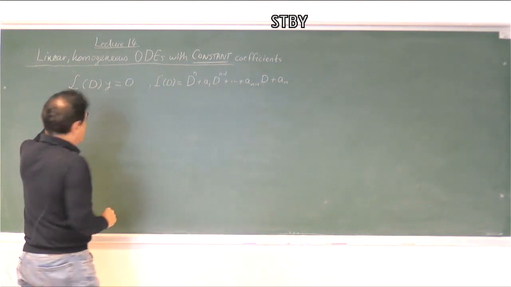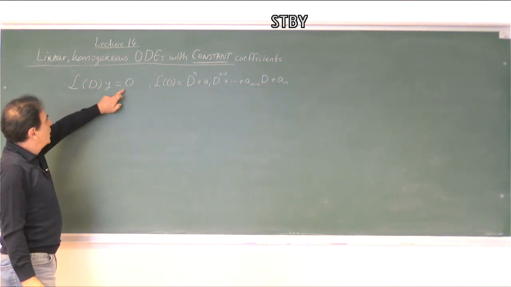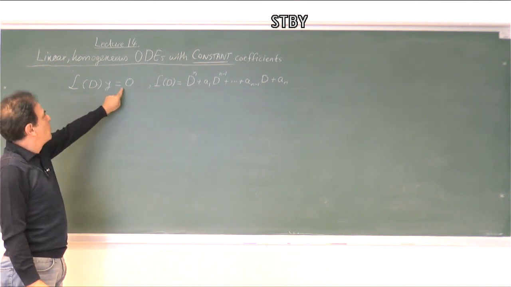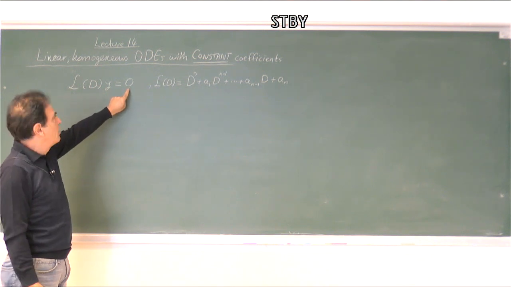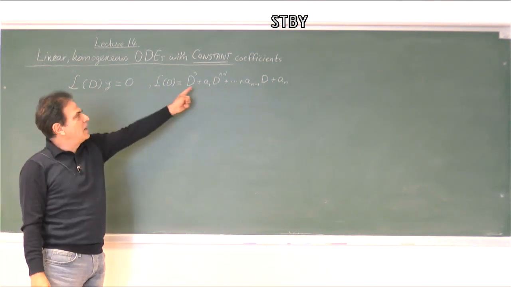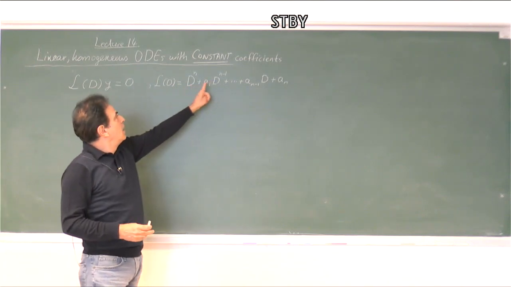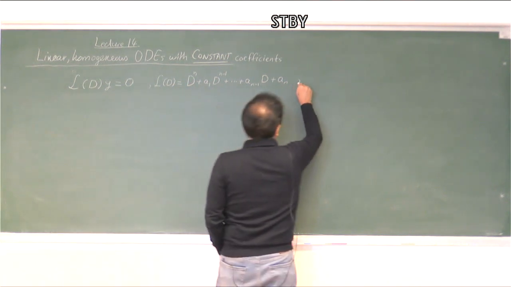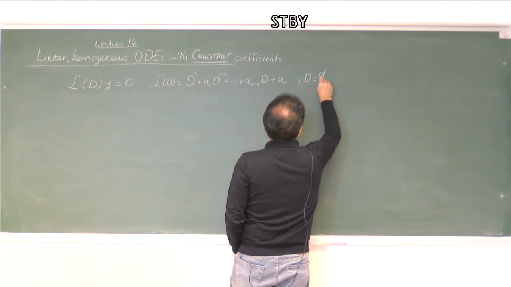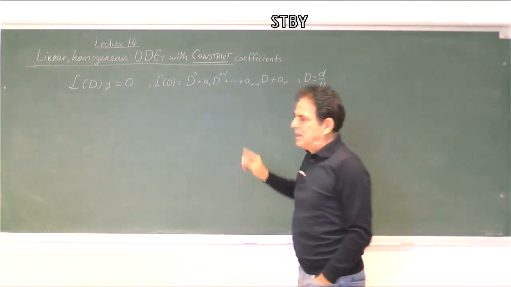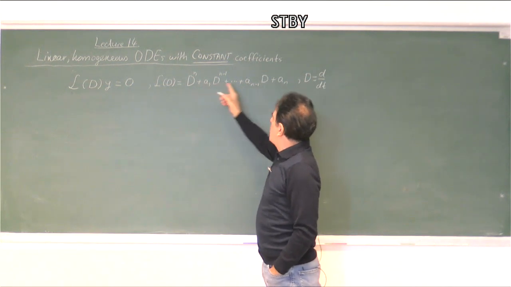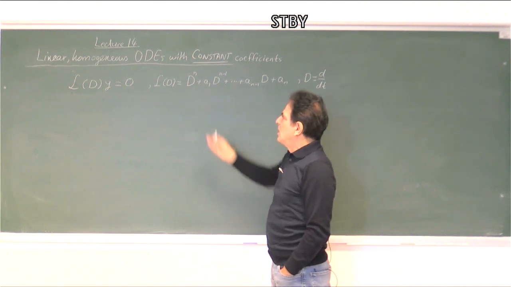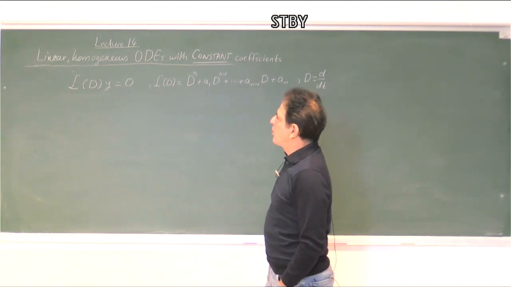Recall that a linear equation may be written in the operator form as L(D)y = 0, because we have a homogeneous ODE, where L(D) is formally a polynomial of degree n in the derivative operator with respect to t, right? And a1, ..., an-1, an are the constant real coefficients of the nth order homogeneous linear ODE.